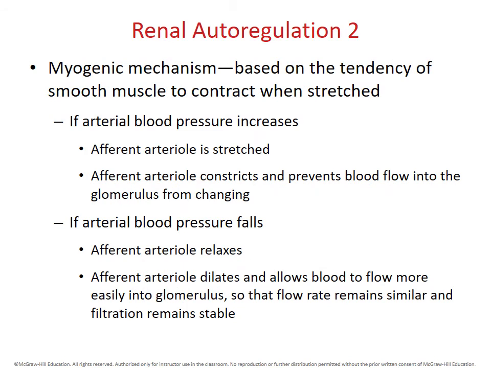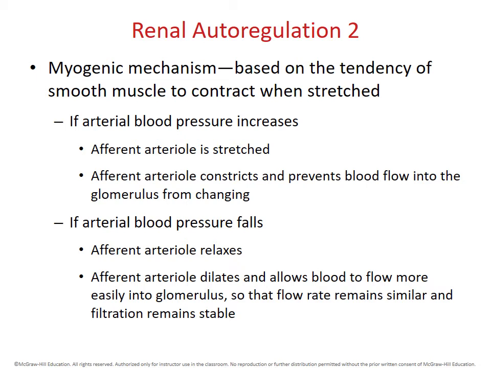So we're going to start with the simpler mechanism known as the myogenic mechanism. Basically, in the myogenic mechanism, the kidneys take advantage of some intrinsic properties of smooth muscle located in the afferent arteriole.